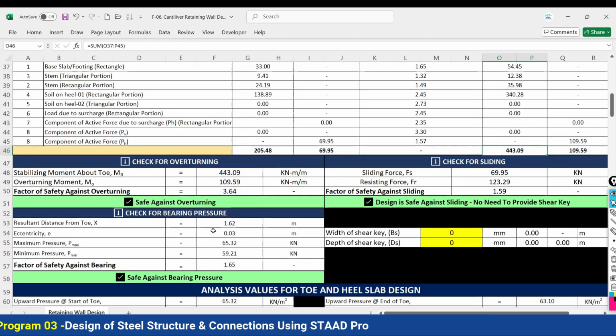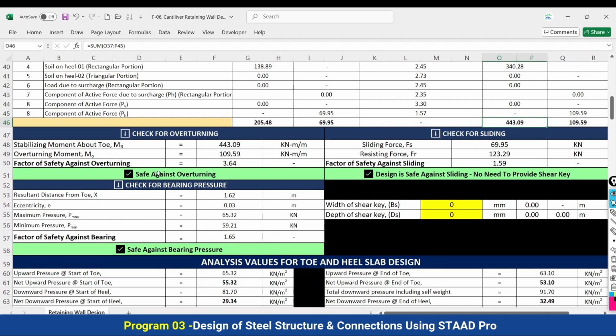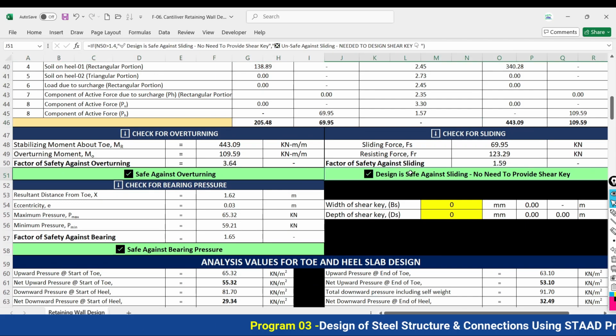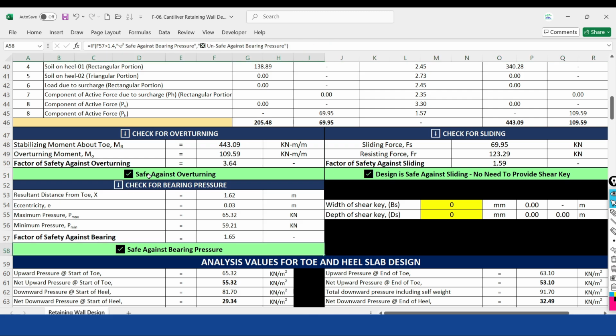Now the stability checks. Safe against overturning, safe against sliding, no need to provide the shear key, and safe against bearing. It is what we are getting, safe, right? If it is failing, it is going to be represented by red cells.